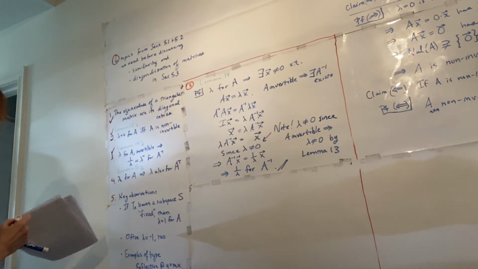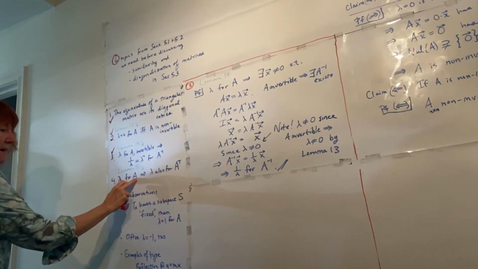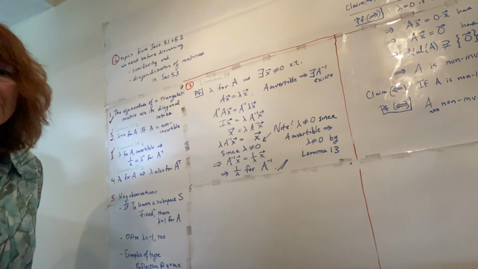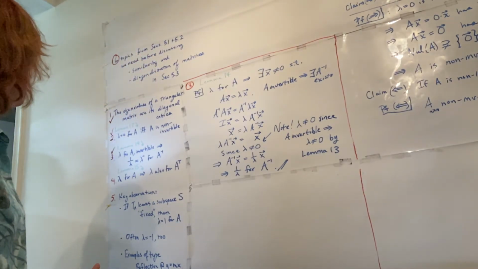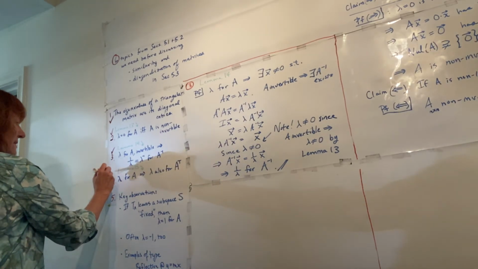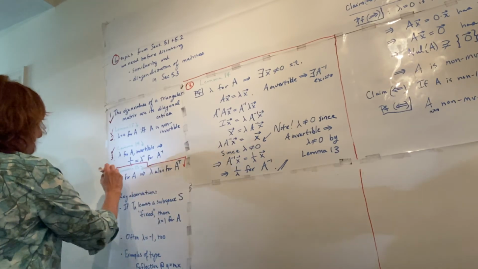Number 4, if lambda is an eigenvalue for A, that implies that lambda is also an eigenvalue for A transpose. And I think I should put that on the next video. All right, so my next video is going to have these items on it.